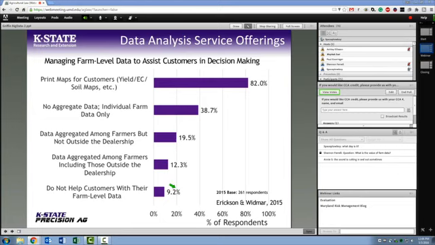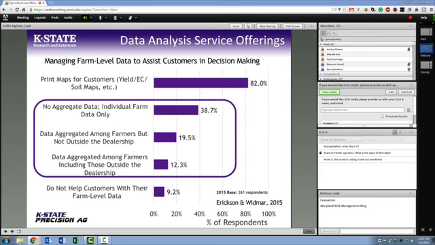I'll bring your attention to the bottom. 9% said we do not use ag data or farm level data in our business. That's fair enough. That brings us to the middle three responses.